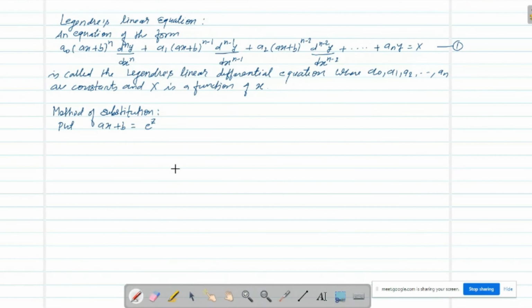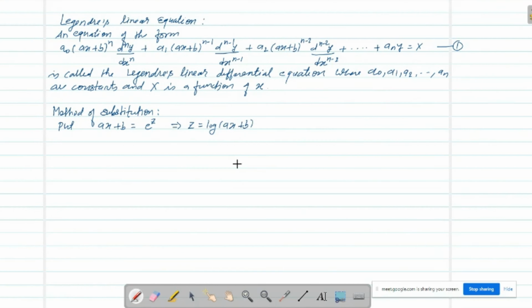See here, in Cauchy homogeneous linear differential equation, we put x equal to e raised to z, but in Legendre homogeneous linear differential equation, we put ax plus b equal to e raised to z. The technique is same. So this can be written as z equal to log of ax plus b.